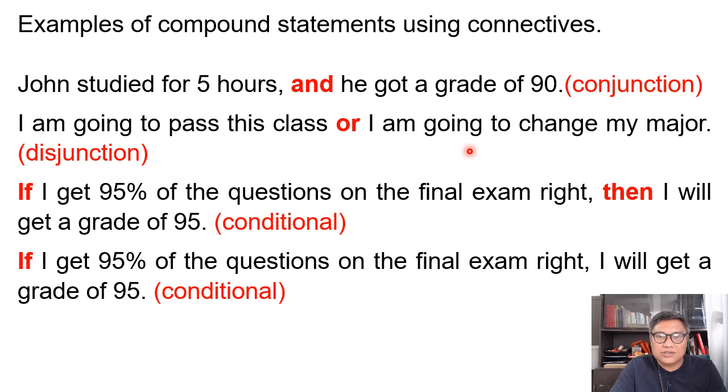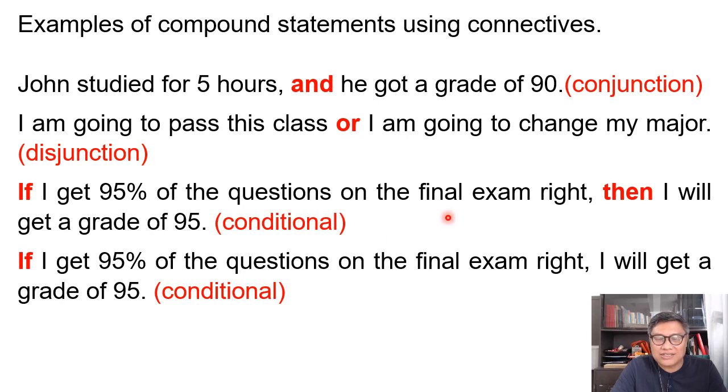So here we have two ways of writing a conditional, the word if then is present. If I get 95% of the questions on the final exams right, then I will get a grade of 95. So using the if-then statement, this is what we call a conditional, which is compound.